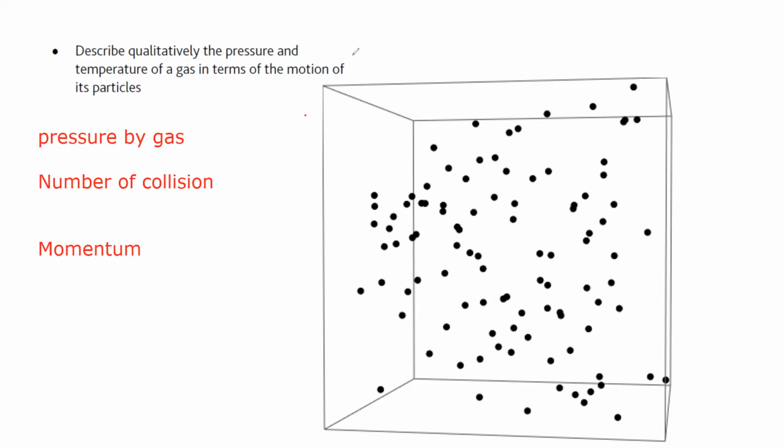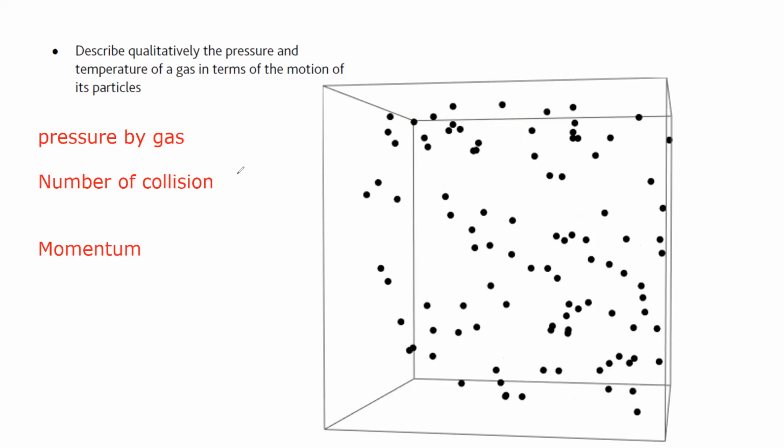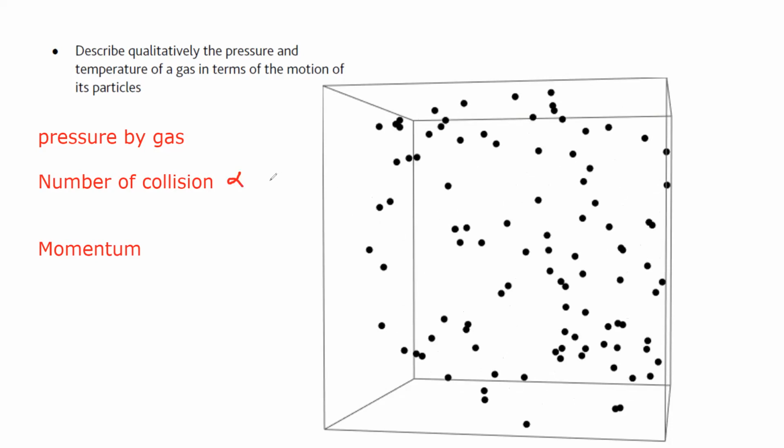What about the number of collisions? Pressure refers to the number of collisions, how many gas molecules are colliding with the surface. If a greater number of gas molecules are colliding, or the number of collisions is more, then the gas will exert a high pressure.